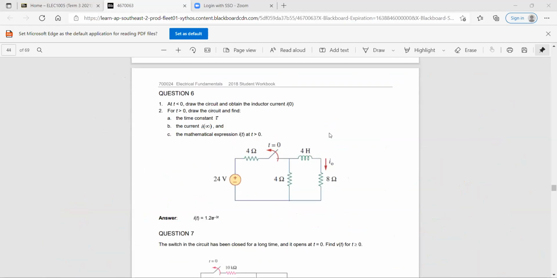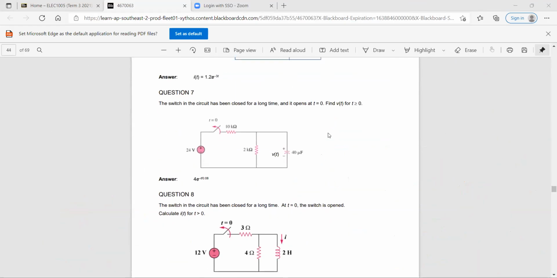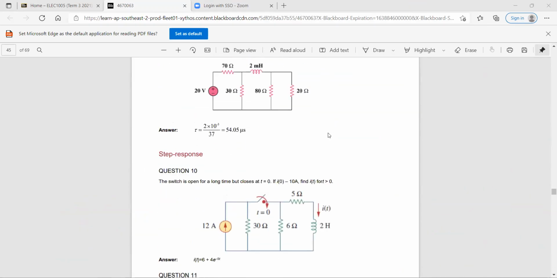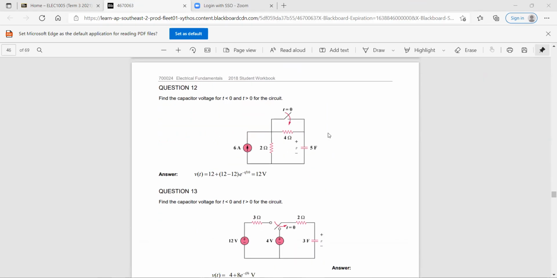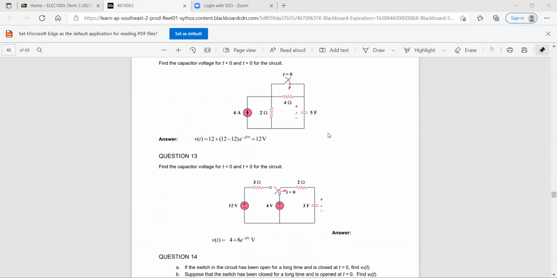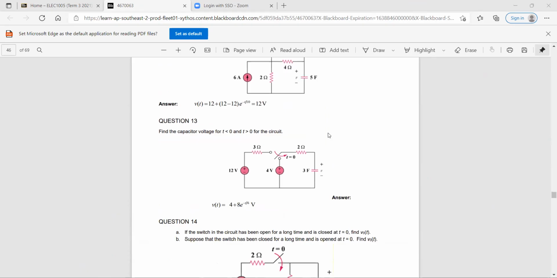This is an inductor. We didn't do inductors yet. Okay, let's do this. Do question number 13.